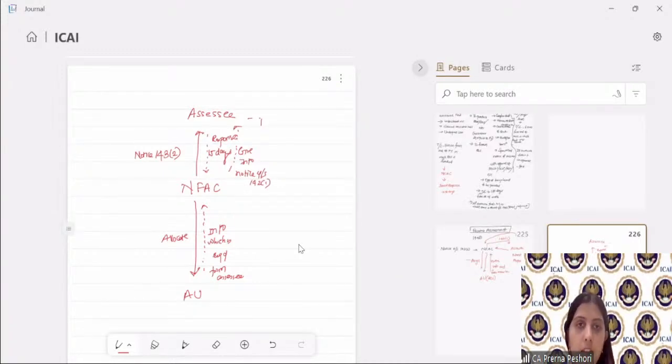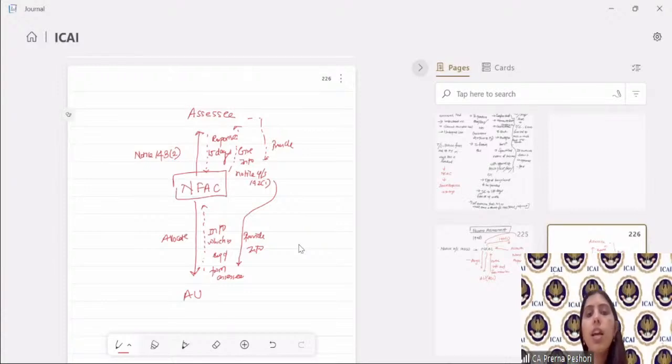Assessee will provide the information, right? And NFAC will then give this information to the AU. So NFAC is acting as a centralized point between assessee and the AU. Is that clear?